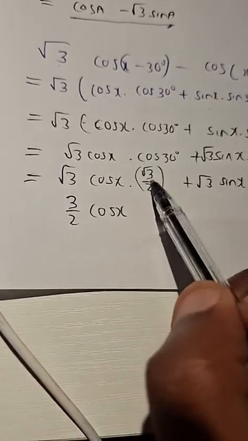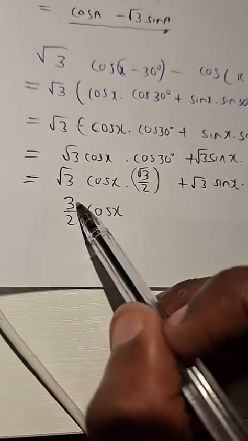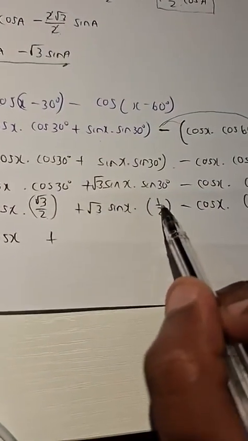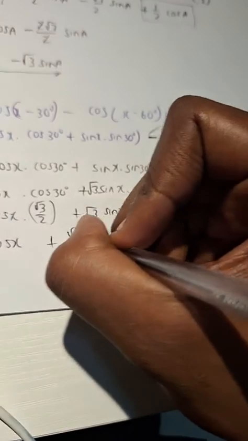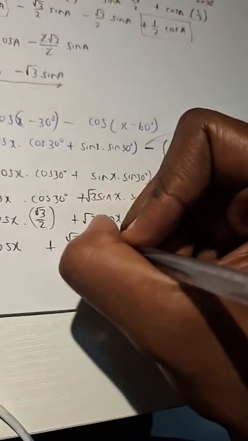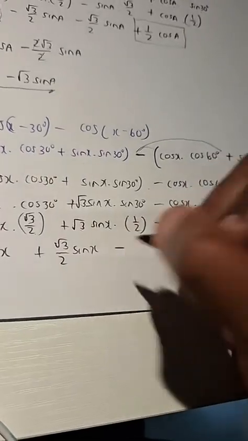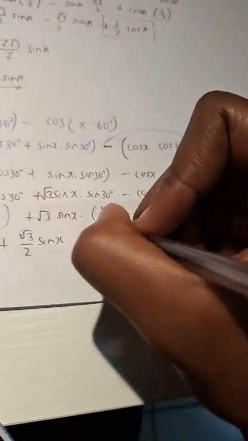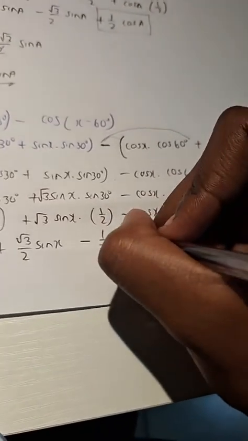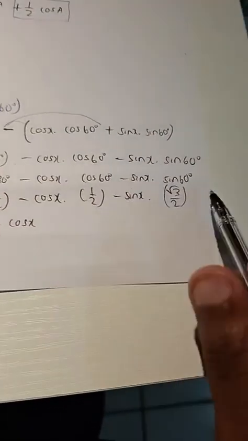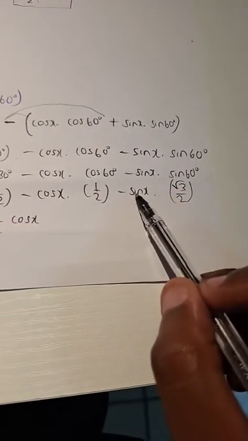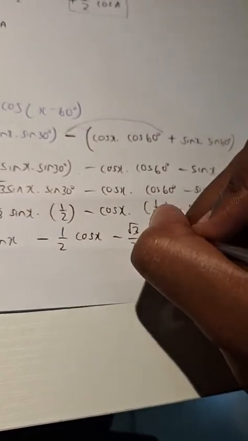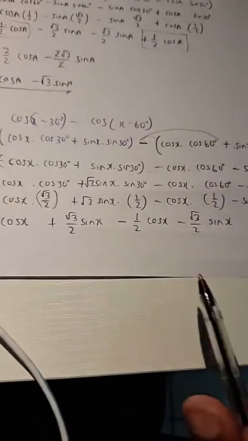Root 3 times root 3 over 2, you will get 3 over 2 as your answer, plus root 3 times a half will give you root 3 over 2 sine x, minus half times cos x, a negative times half cos x is going to be a negative half cos x, and then last but not least, root 3 over 2 times the negative sine x gives you minus root 3 over 2 sine x.